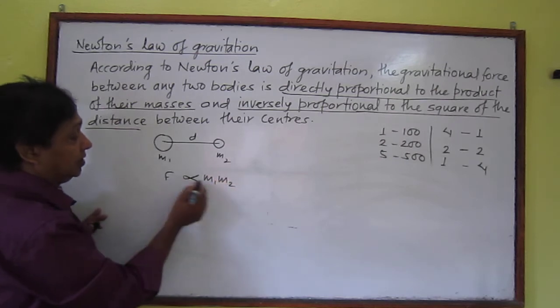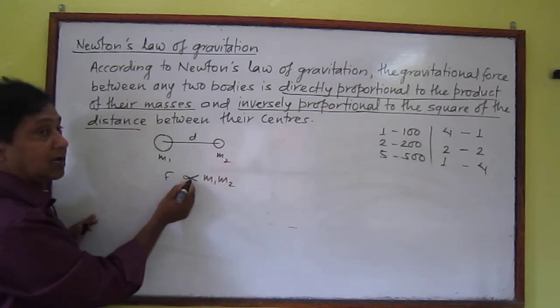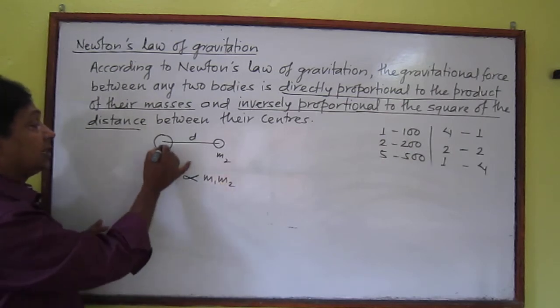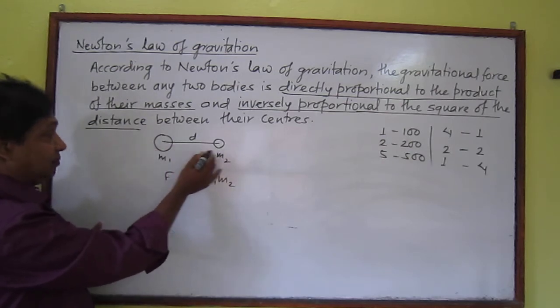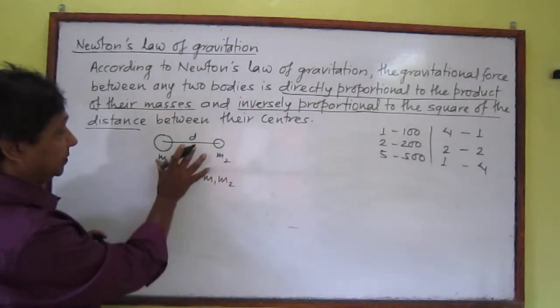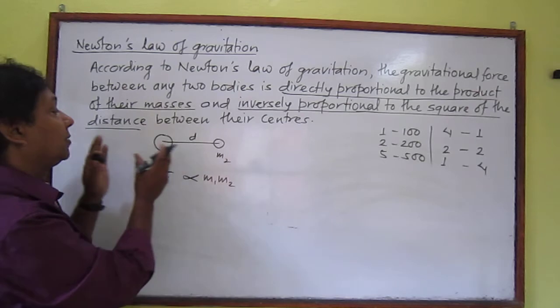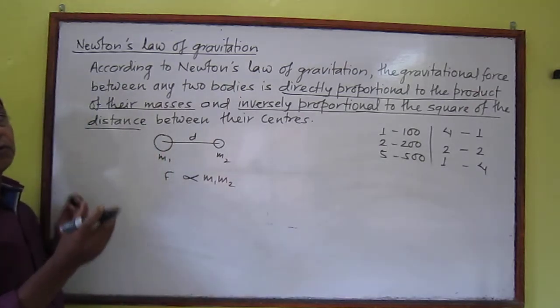Look at this, this is the symbol for directly proportional, and the product of their masses m1 and m2. What does it mean? If masses m1 and m2 are multiplied, if their product is more, then the gravitational force will be more, and if their product is less, the gravitational force will be less.